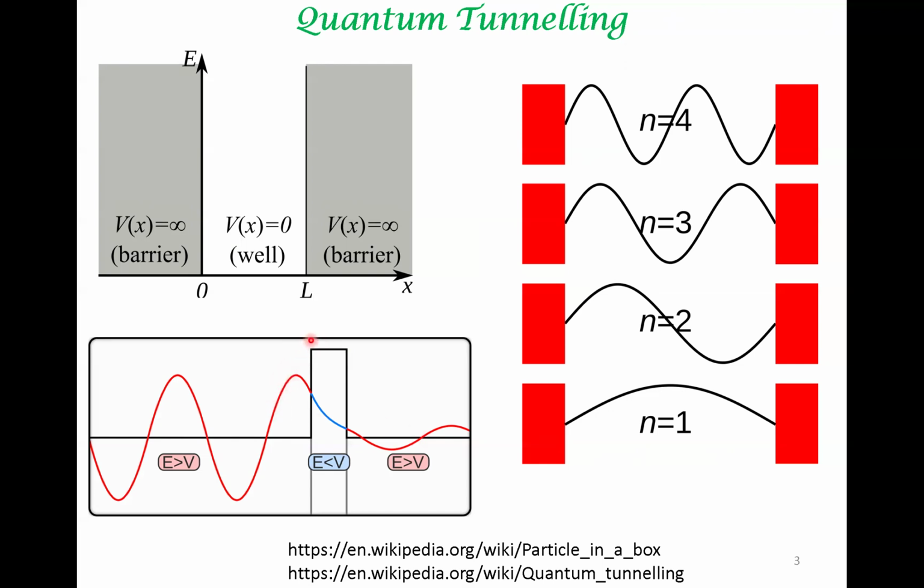When you say it overcomes the activation barrier in classical mechanics, how do we overcome it? The energy should be greater than this point, this region. You have to move above this region. That is the only way the particle can overcome the activation barrier. In contrast, in quantum mechanics, we say it tunnels through. That means despite the energy here being less than the potential energy, it can tunnel through.